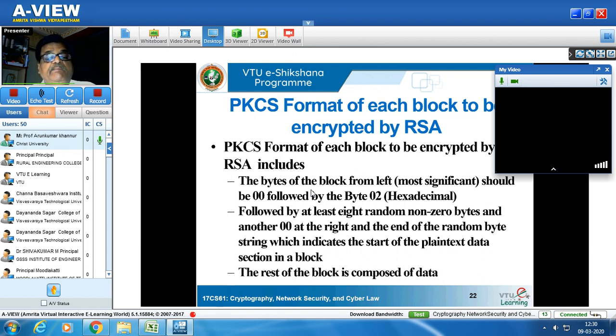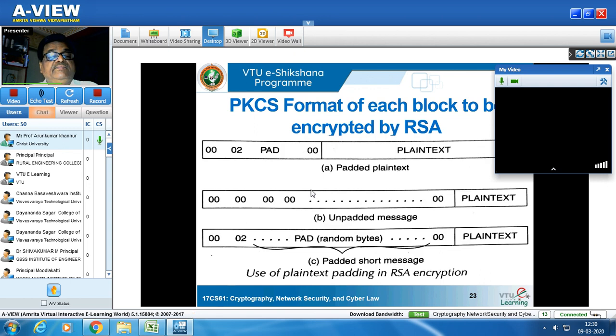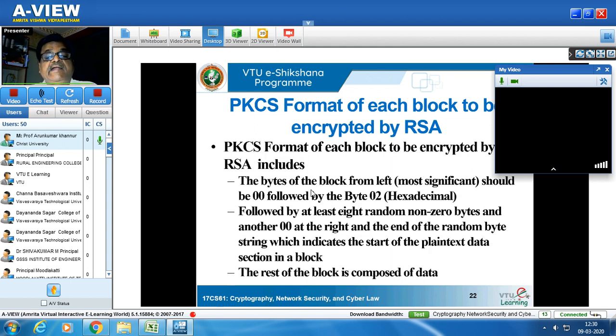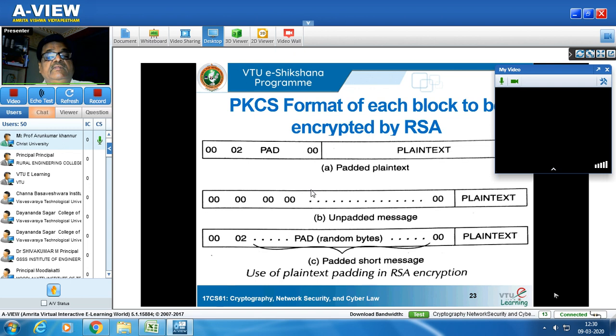This extra has been padded there. After that, plain text. This is the padded plain text.